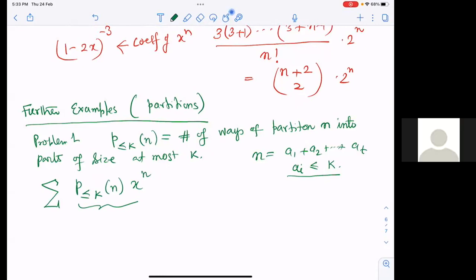I have not told you what is the value of pkn. I just wrote it from the definition that this is the generating function for this function. But I want a nice identity.